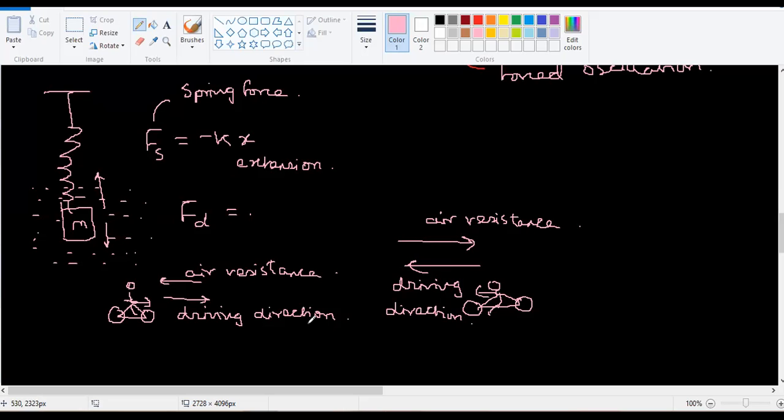So whatever direction you are going, the air resistance is going to be opposite. Just like this spring: when I pull it down, the spring pulls it back upwards. When I push it upwards, it pushes it downwards. That means we put a minus here.